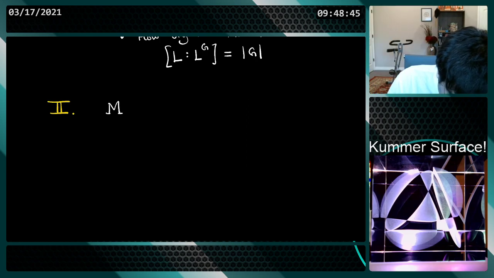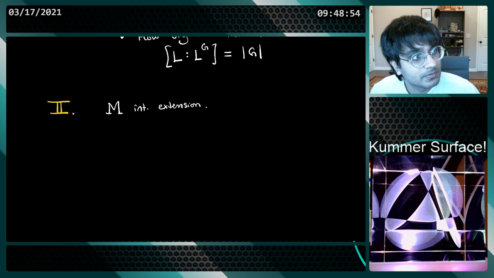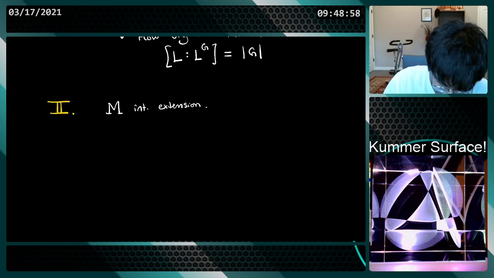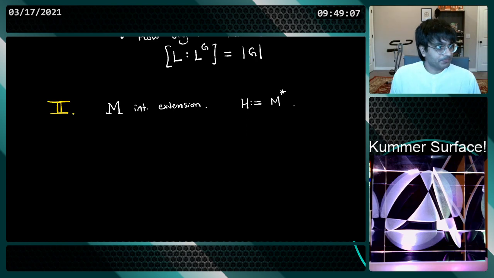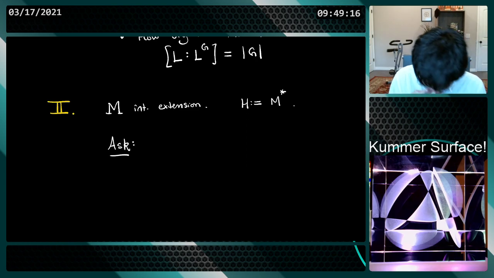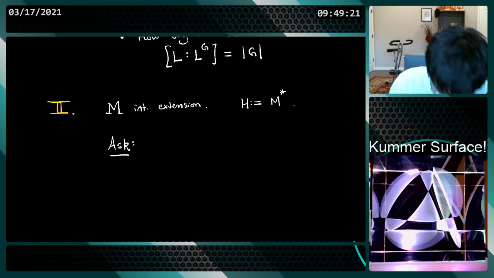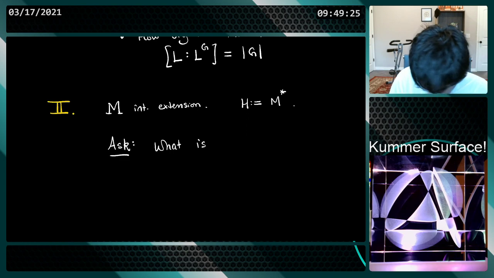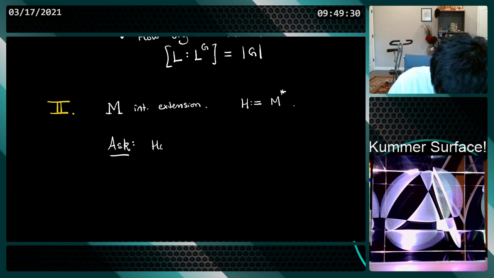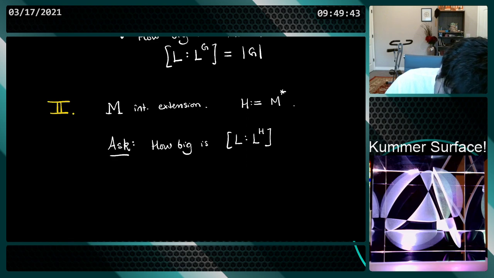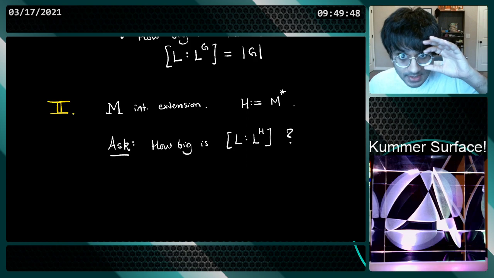So suppose you have M, an intermediate extension between K and L. Now you let H be the fixed field, fixing group. And now what you do is you ask yourself, how big is it?